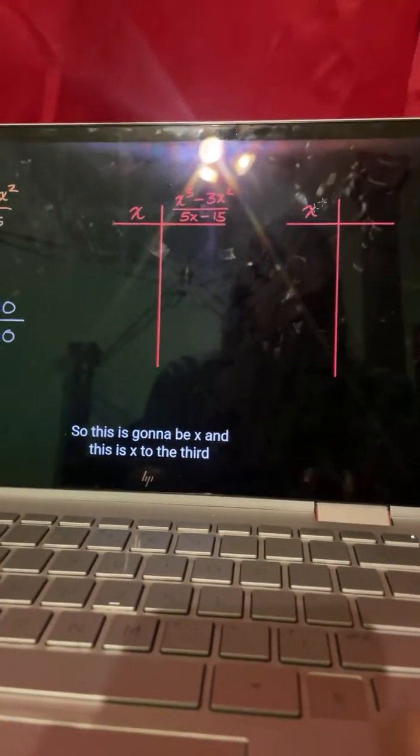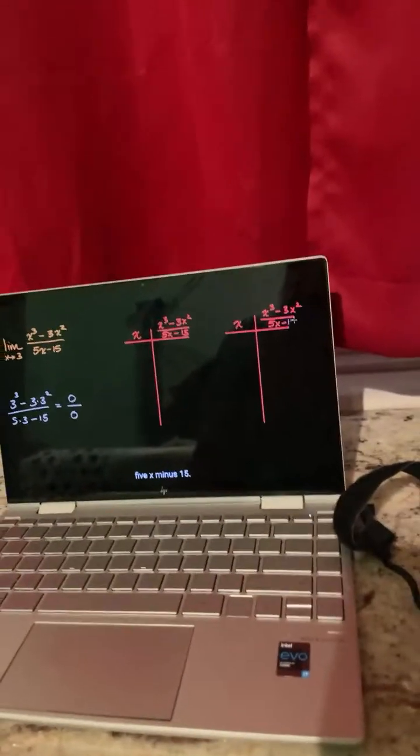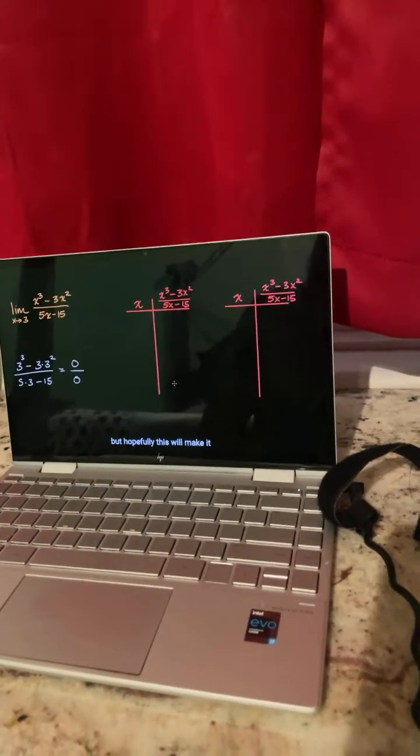Actually, I'm going to do that again, and I'll tell you why in a second. So this is going to be x, and this is x to the third minus 3x squared over 5x minus 15. The reason why I set up 2 tables, I didn't have to do 2 tables. I could have done it all in 1 table, but hopefully this will make it a little bit more intuitive.